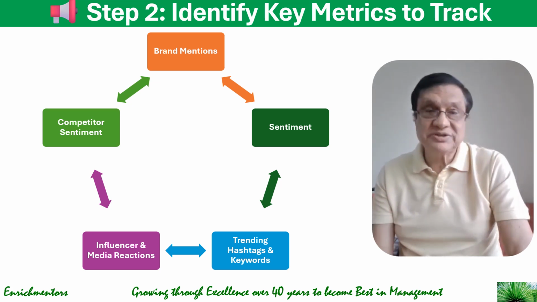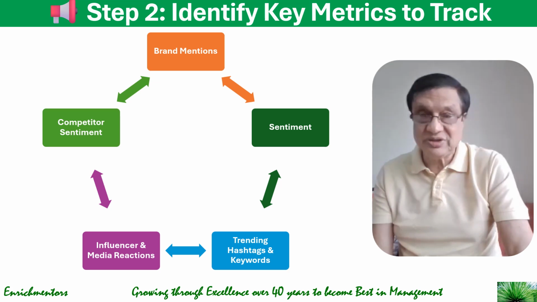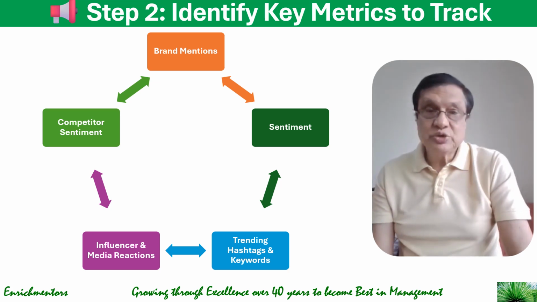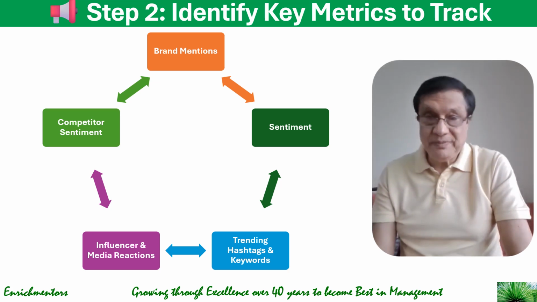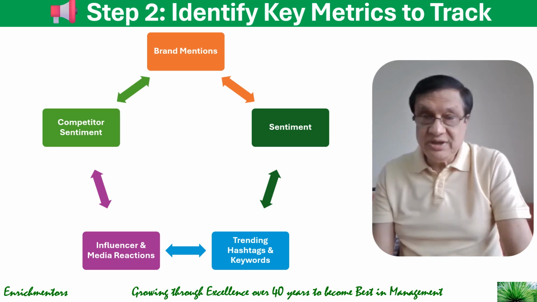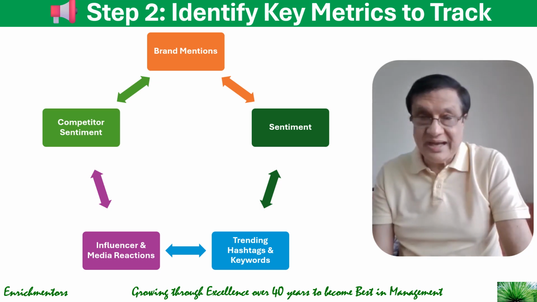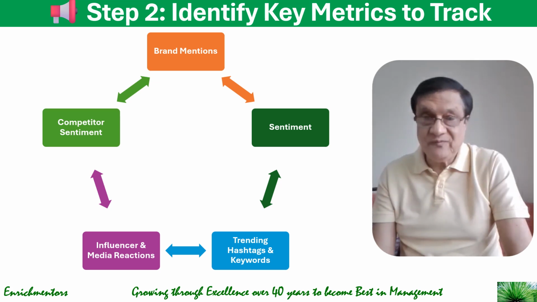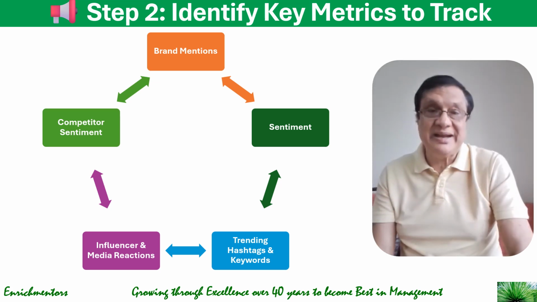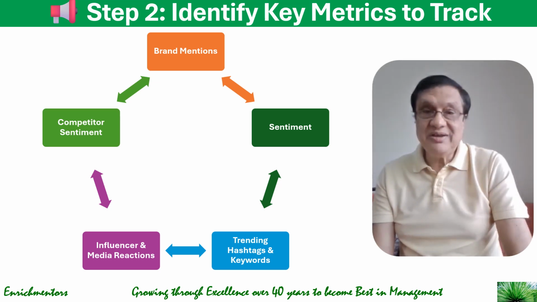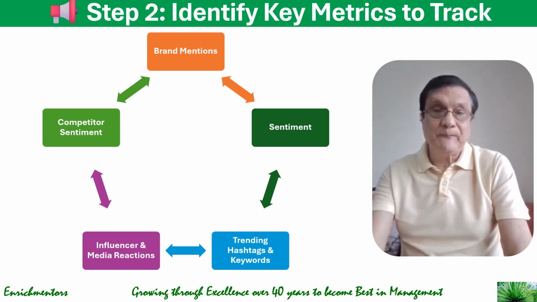So these are the key metrics to track. Now, please note that using AI-driven tools like Talkwalker or Brand24, you can do deep sentiment analysis. So these are various metrics to track, right?